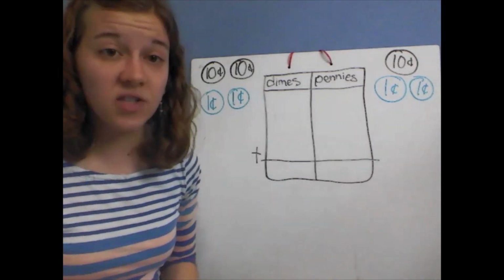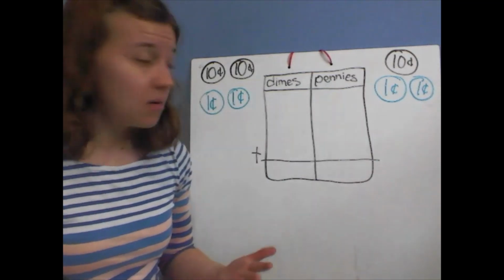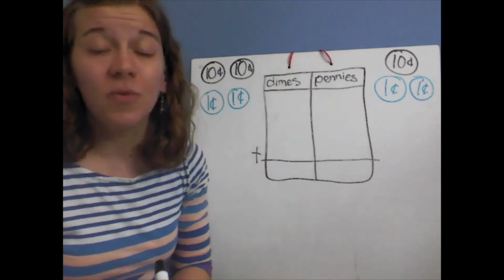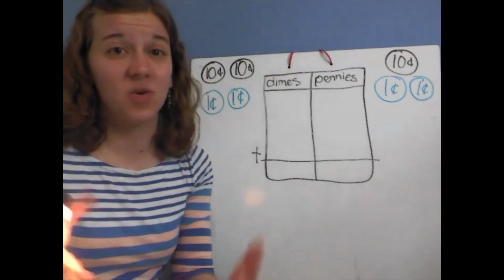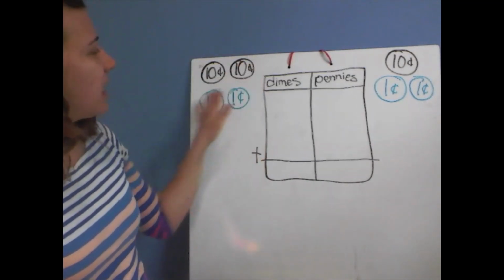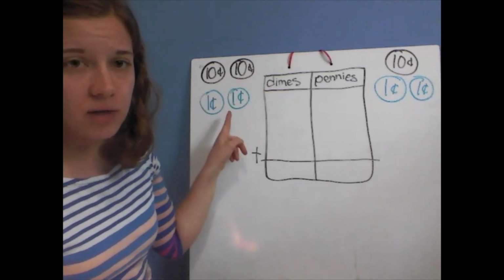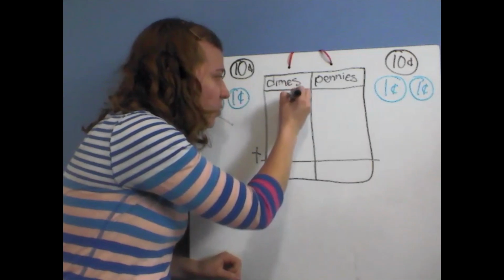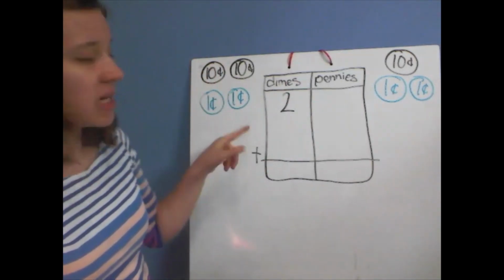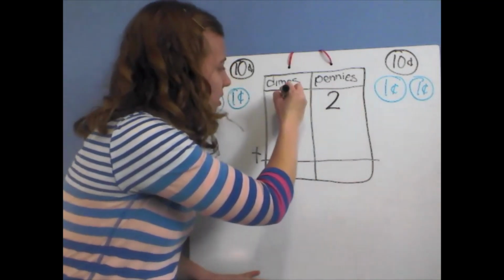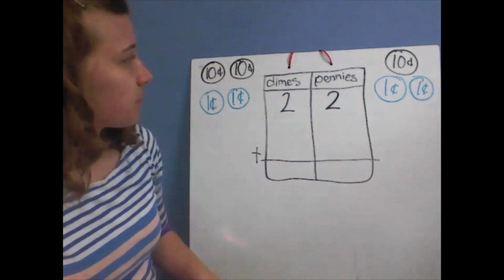So to find the answer, we need to add up both amounts of money so we can know how much he spent in all. Remember those words in all? That lets us know we're supposed to be working with addition, right? All right, so how many dimes did he spend over here? 2, right? 2 dimes. So we'll put a 2 right here. And then how many pennies? Also 2. All right, so we've got 2 dimes, 2 pennies.